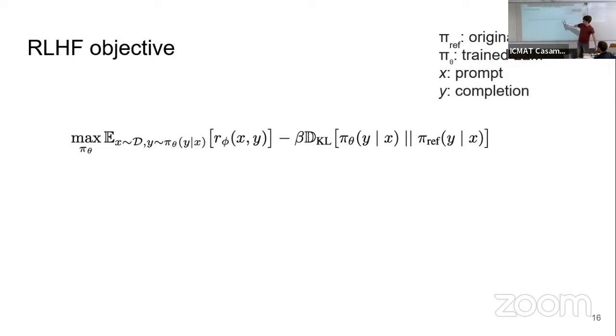At the beginning, these are the same language model, but we keep a frozen copy without optimizing, and then we optimize a different copy. So we can compare how the distribution has changed from the model that is being optimized versus the original one. Do you understand this? Yes. This is a regularization term to avoid the distribution changing too much versus the base model.